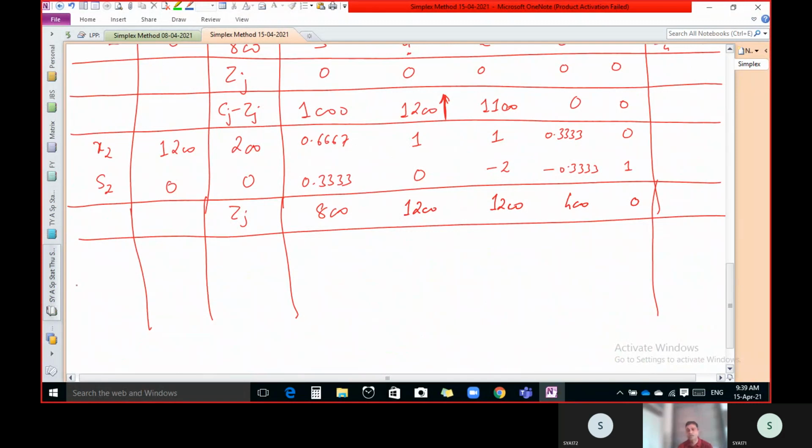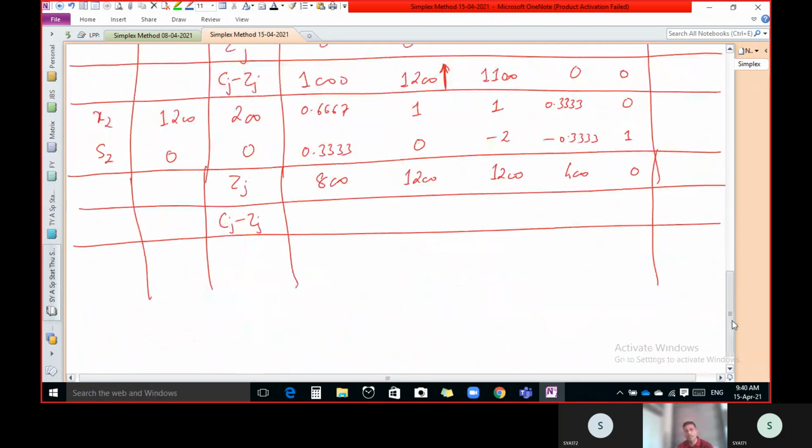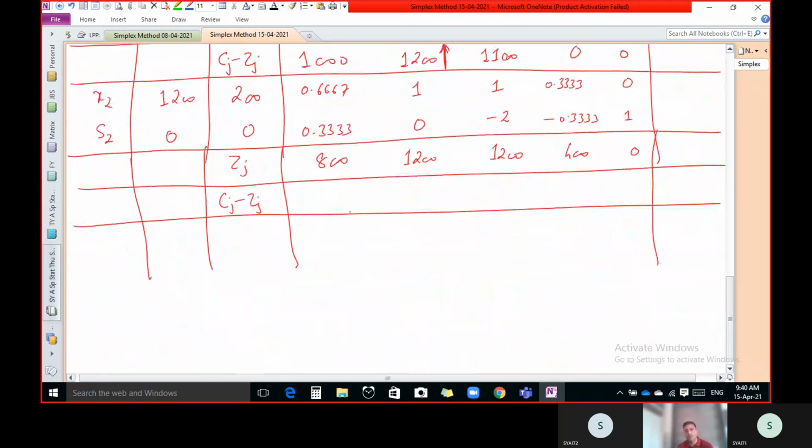Okay. Once we have this, you have to find out Cj minus Zj. What is Cj? Cj, that is our first top column. This is 1000, 1200 and 1100. So 1000 minus this 800, that is 200.